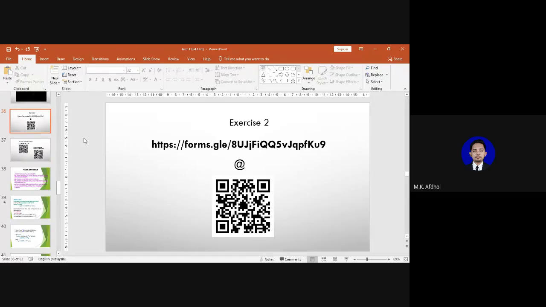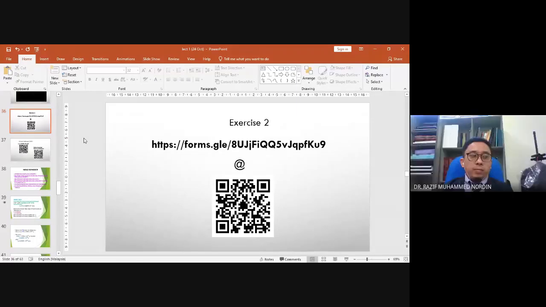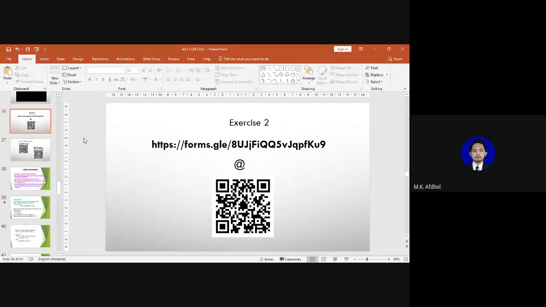Lalu saya suruh mereka kerjakan soal ini. Saya beri waktu 1 atau 2 hari, mungkin di hari ketiga baru Prof bisa kirim ke saya, supaya semua mahasiswa dapat kesempatan yang sama, Prof.